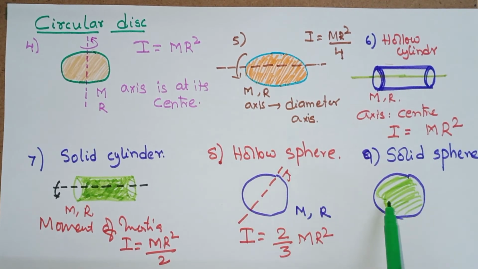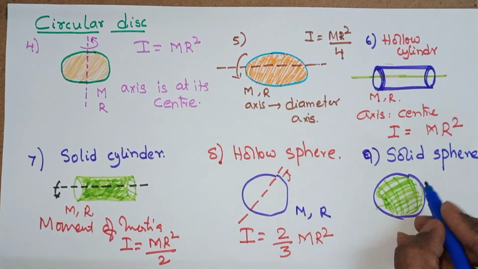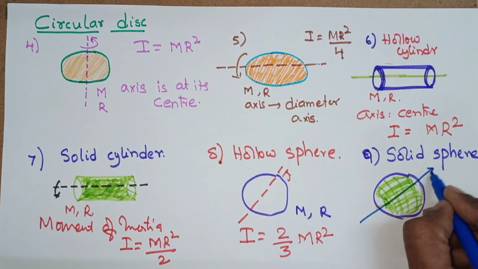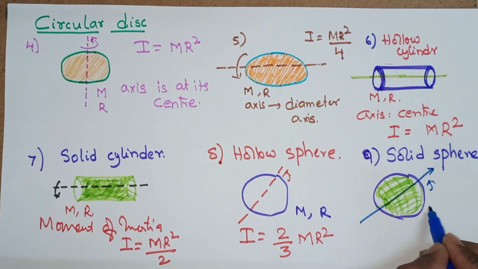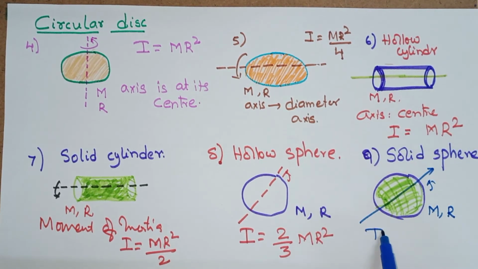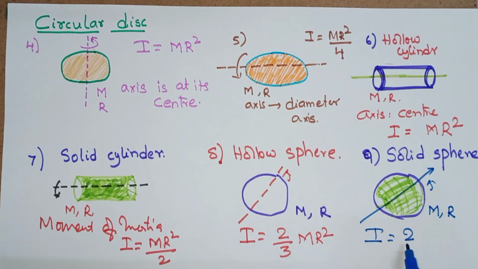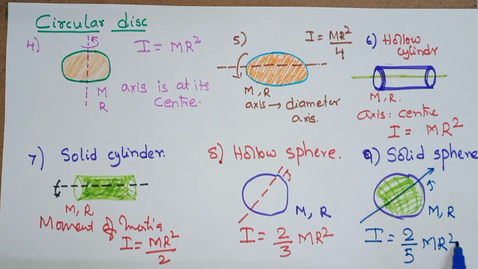Hollow means like you can imagine a volleyball. This is the axis of rotation, mass m, radius r. The moment of inertia is equal to 2 by 5 m r square.